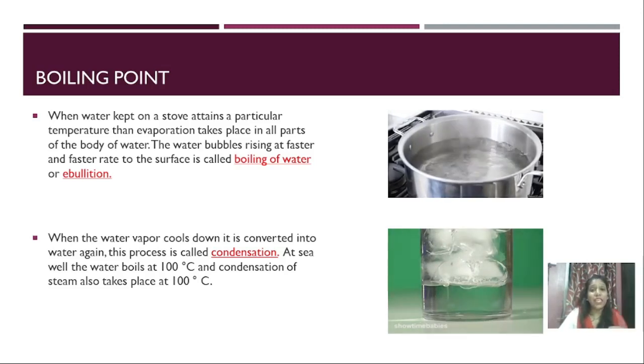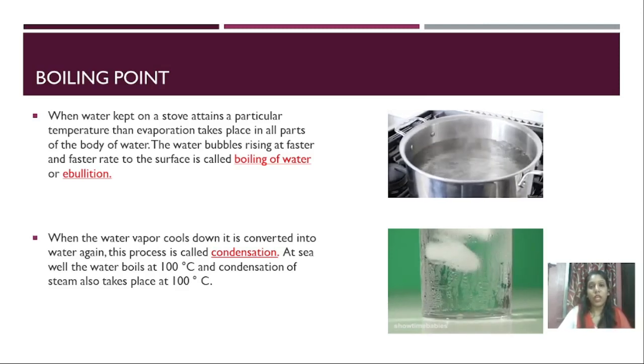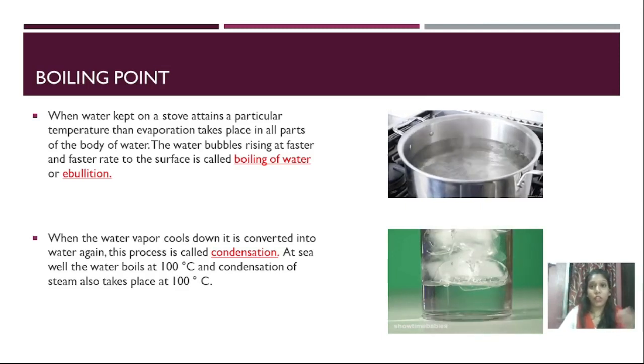Now at sea level, the water boils at 100 degrees Celsius and condensation of steam also takes place at 100 degrees Celsius. If you see any article or any video, at sea level, just imagine the water boiling at 100 degrees Celsius and the condensation.